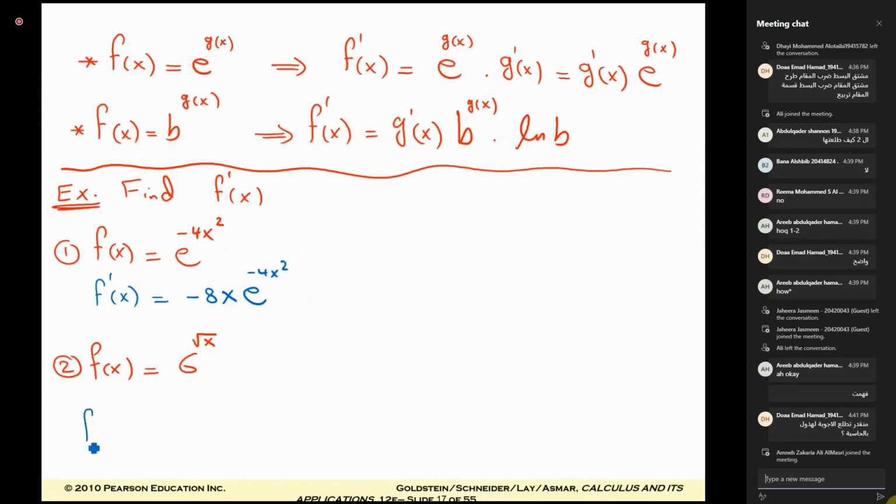Now the second function, this is equal what? What's the derivative of radical x? This is equal 1 over 2 radical x multiplied by the same exponent and the same base, but multiplied by ln of the base, ln 6, okay.